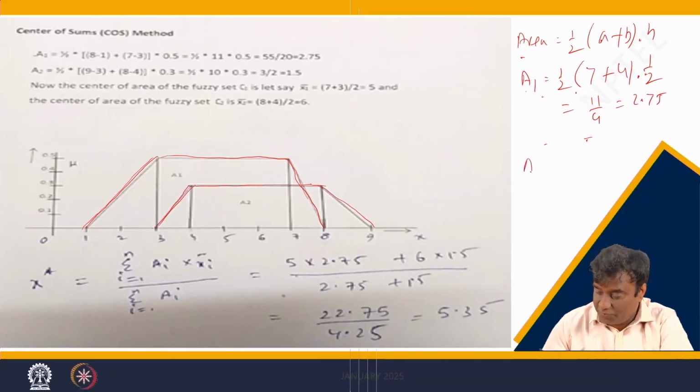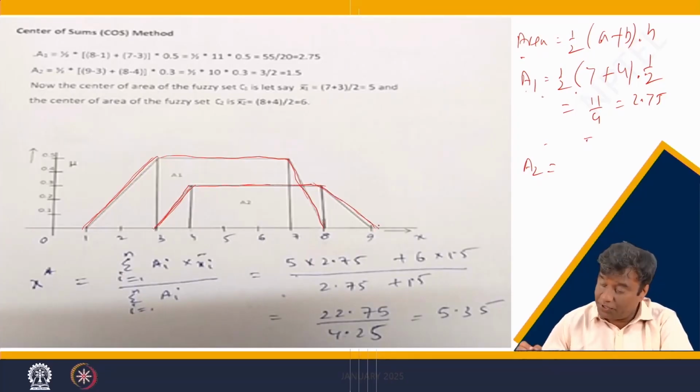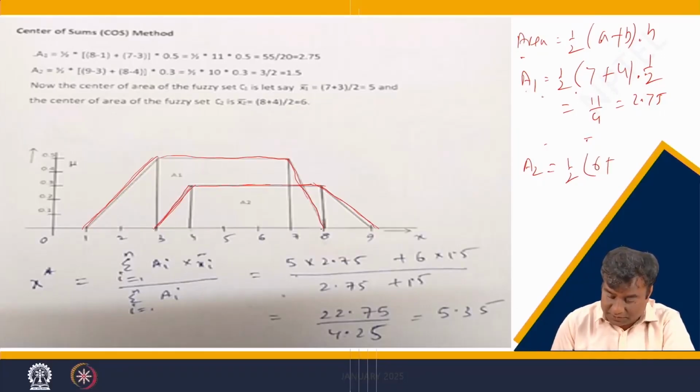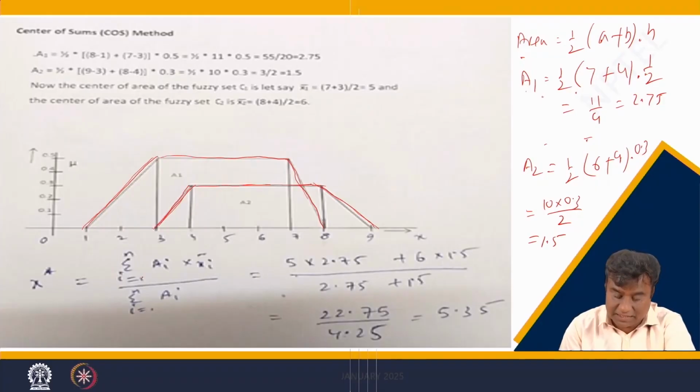Similarly, the area of A2: height is 0.3, so the area of A2 is half of (9 minus 3, 6, plus 8 minus 4, 4), that is 10 into 0.3 by 2, so it is 1.5.